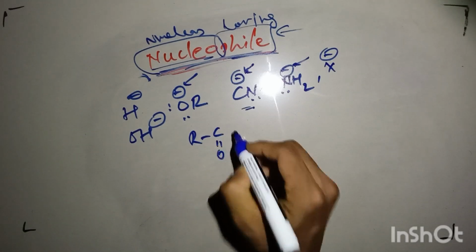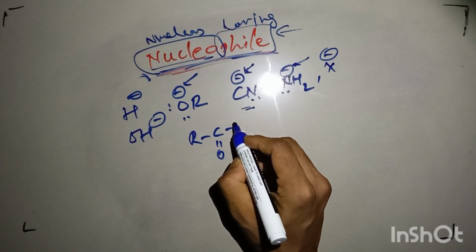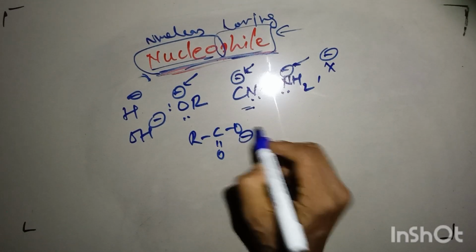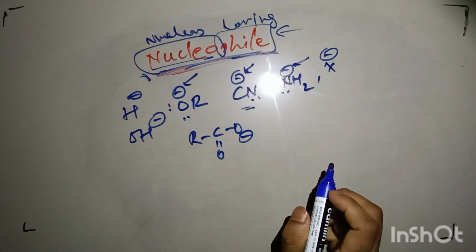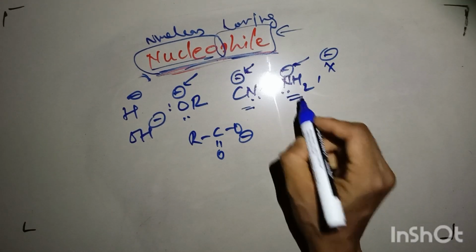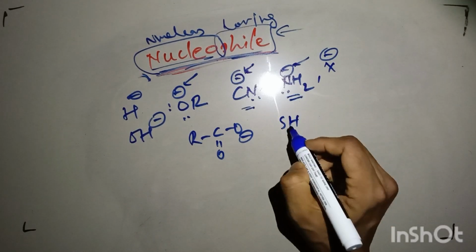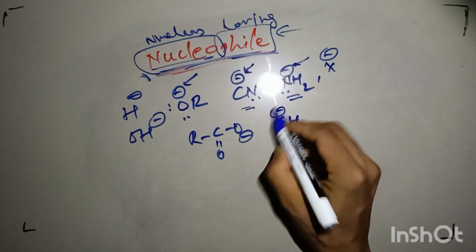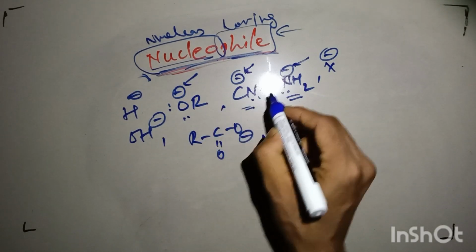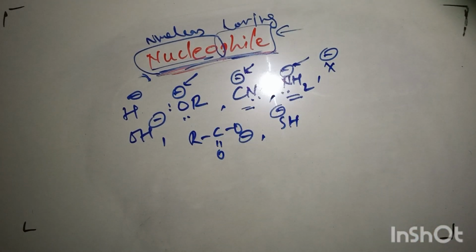Then RC double bond O single bond O with negative charge. Yes, NH2 is also there. Then SH, in this sulfur will have negative charge. So they all are negatively charged species. Okay, so you have to remember that.